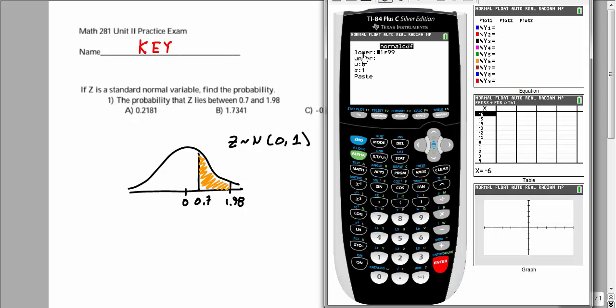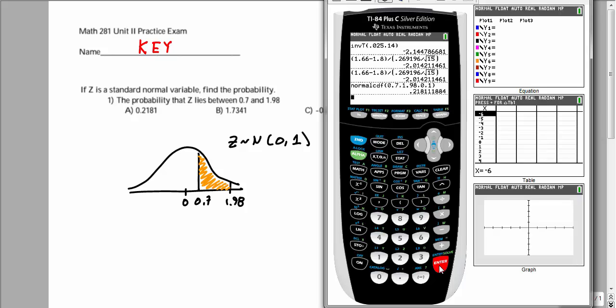The lower bound is 0.7 because it's the lowest value in my shaded region. The upper bound is the upper value in my shaded region, which is 1.98. And because this is our standard normal random variable, the mean is 0 and the standard deviation is 1.